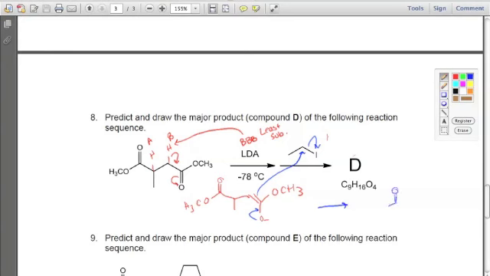And you're going to get, not that. You're not going to get that double bond there because your double bond just attacked and formed this new bond here. So that's your final product for 8.